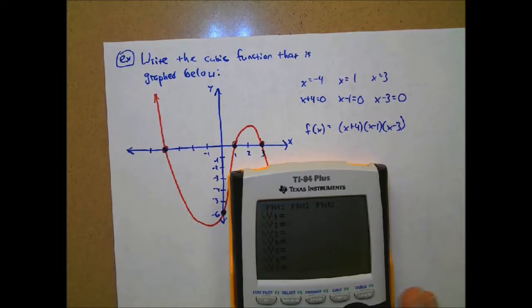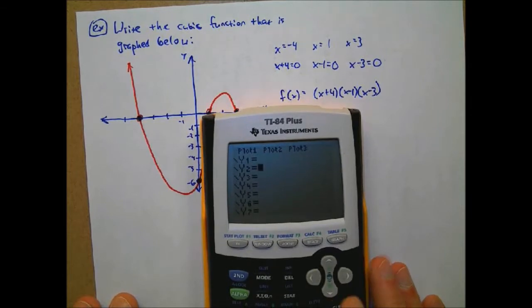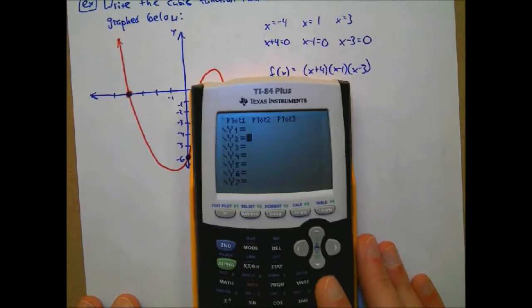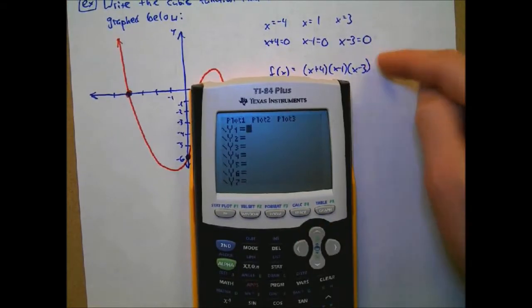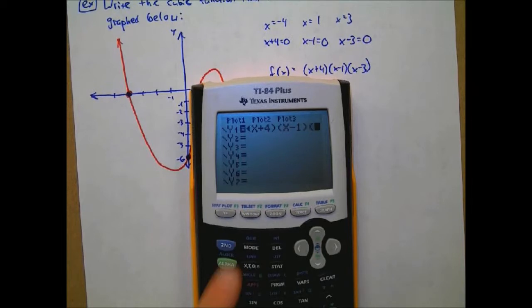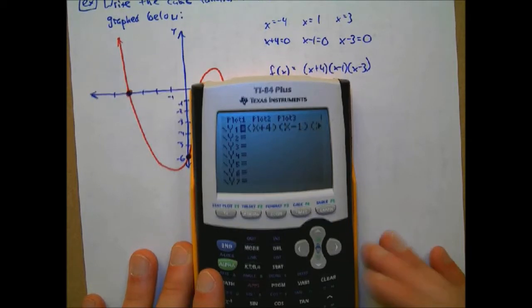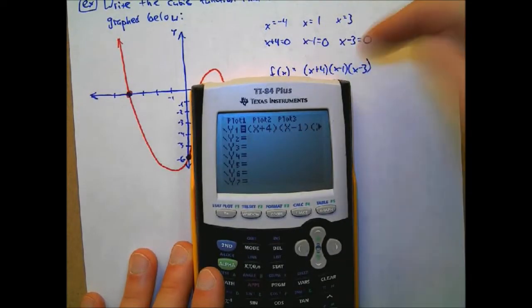And so there's our polynomial, and we might think, hey, we're done. Well, let's check something here. I'm going to graph this polynomial that we think is our answer. I'm not going to multiply it out. I will eventually, but for right now I just want to leave it this way so I can prove a point. We've got our 3 factors multiplied together. I'm going to put it in y1 and graph it.